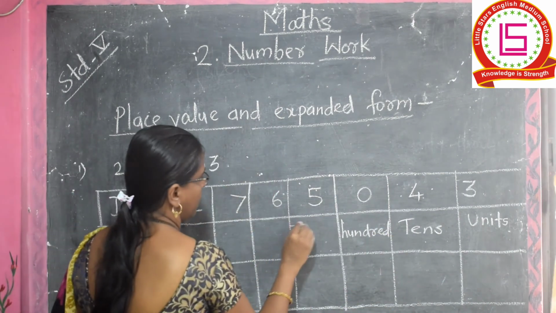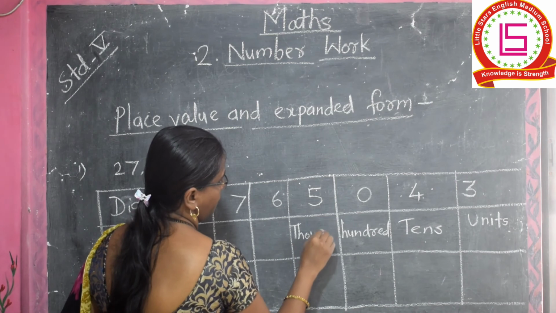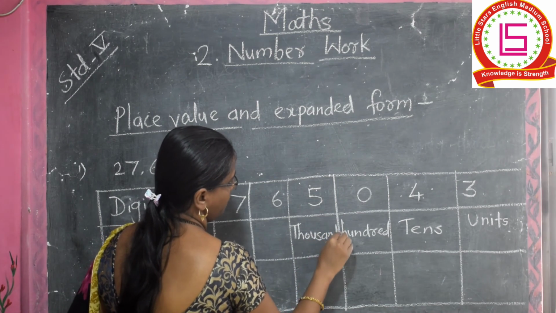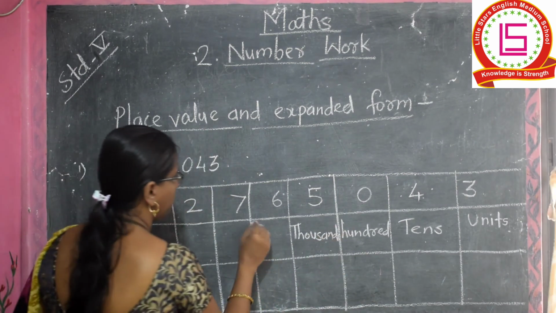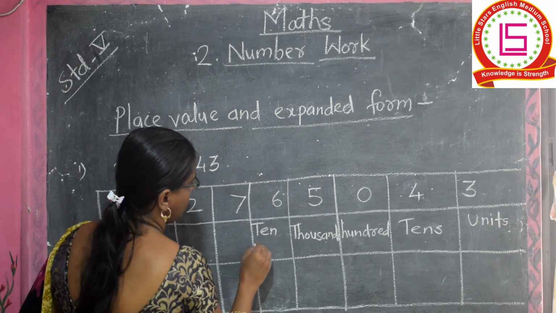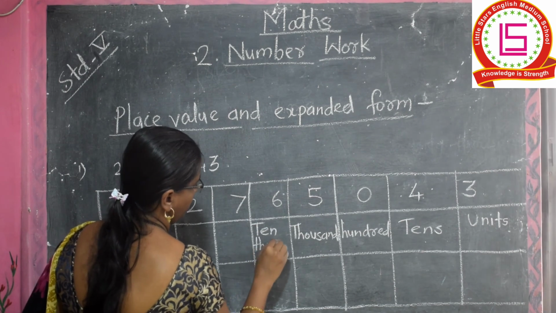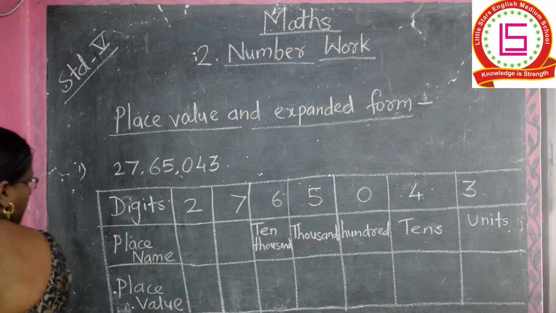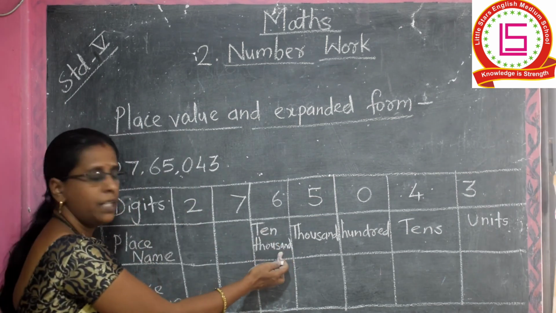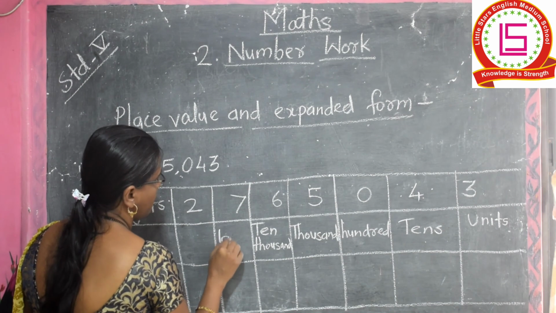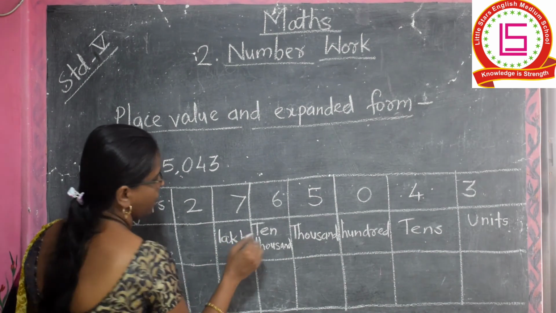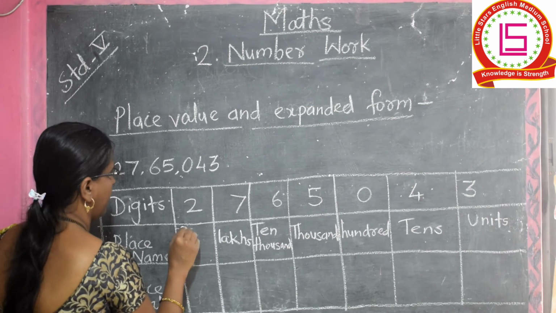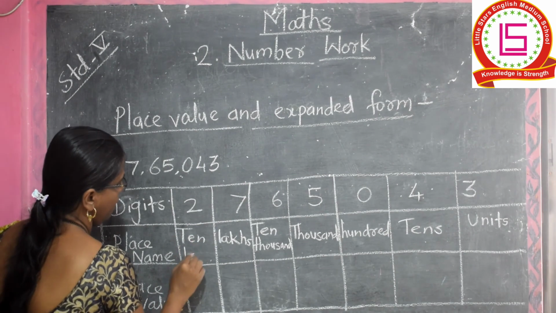Then thousands place. After 1000 place, 10,000 place. Then after 10,000, lakhs place. And after lakhs, 10 lakhs.